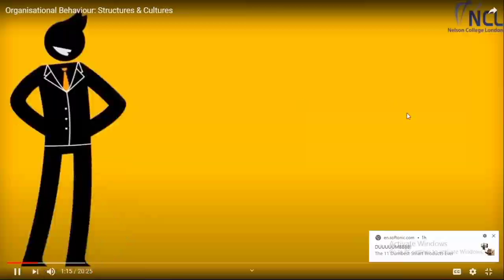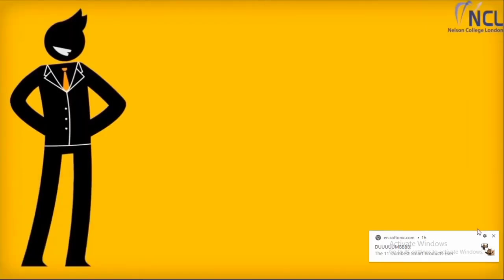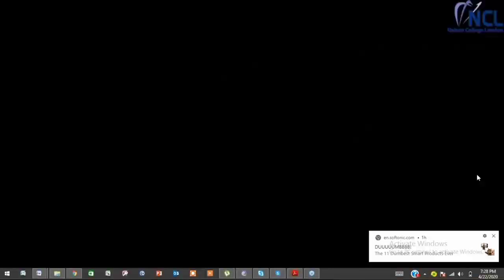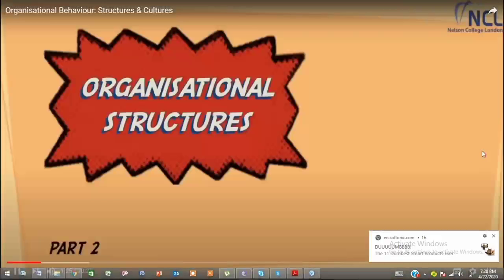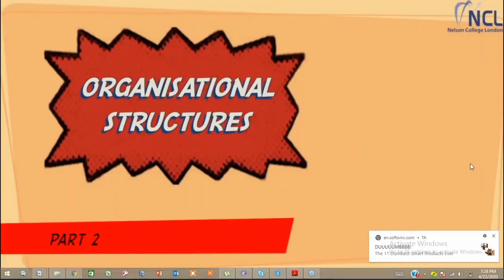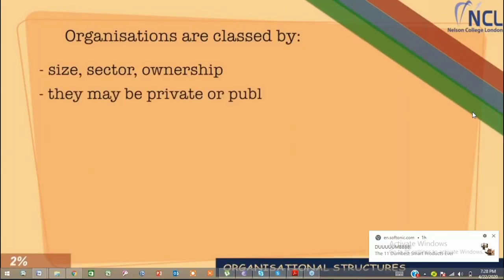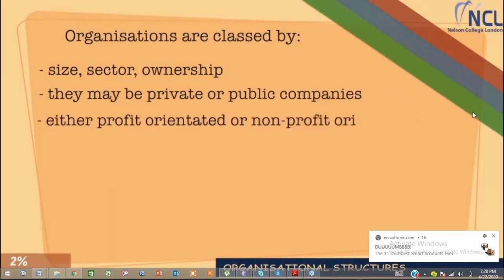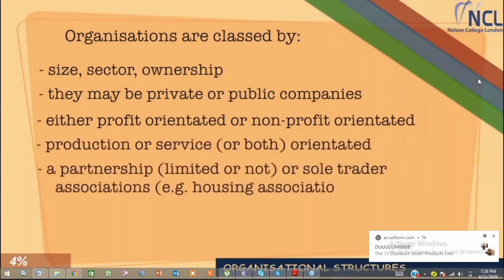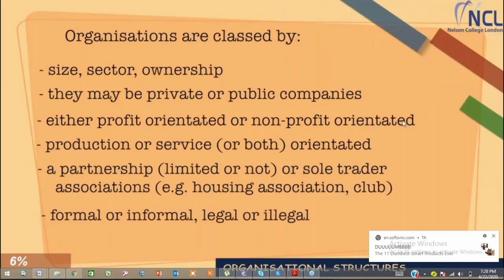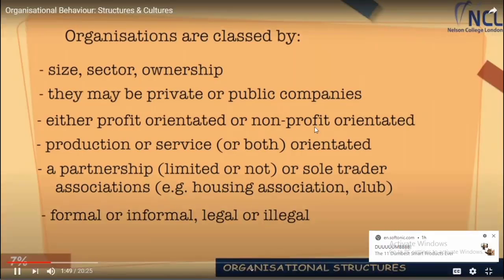A good manager who is familiar with these behaviors can influence individuals and groups to create effective organizations. In this part, we will talk about organizational structures. Organizations are classed by size, sector, and ownership. They may be private or public companies, either profit or non-profit orientated, production or service orientated, a partnership, whether it's limited or not, or sole trader associations, formal or informal, legal or illegal.